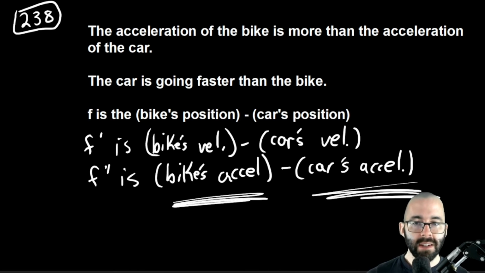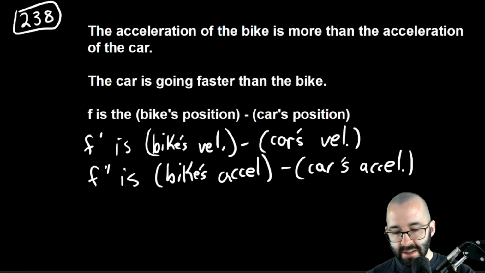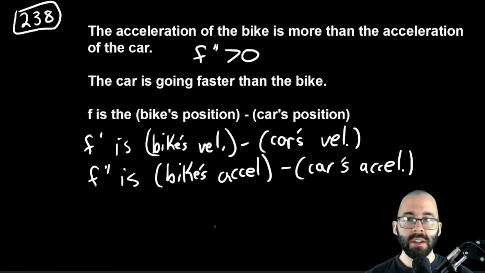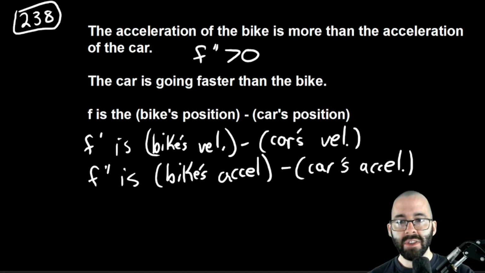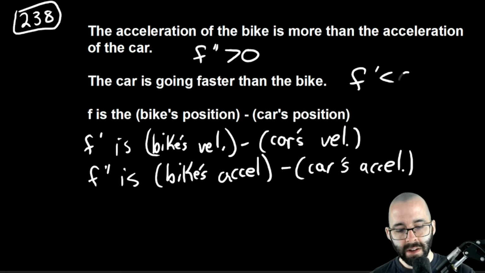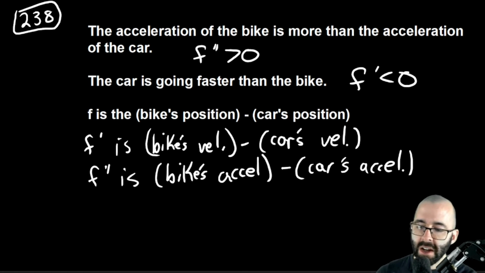If they're both positive, that tells us that f double prime is positive. The car is going faster than the bike means the car's velocity is bigger than the bike's velocity. So if the car's velocity is bigger, then small minus big is negative.